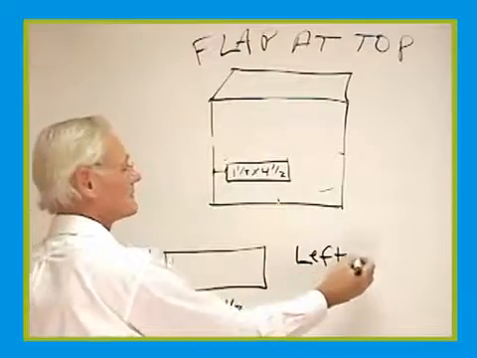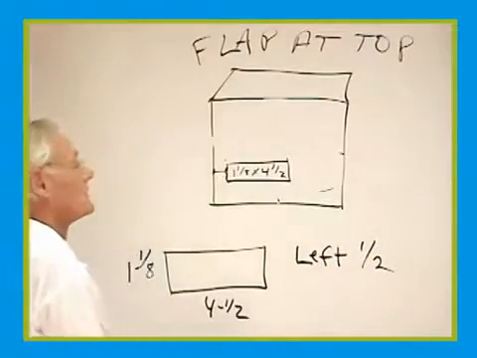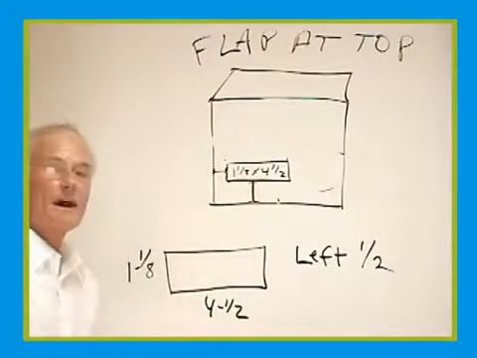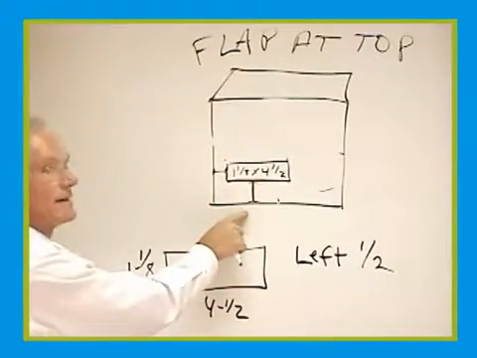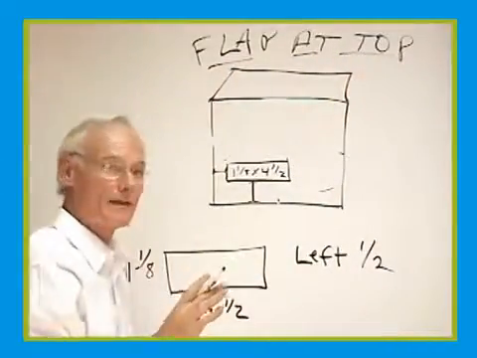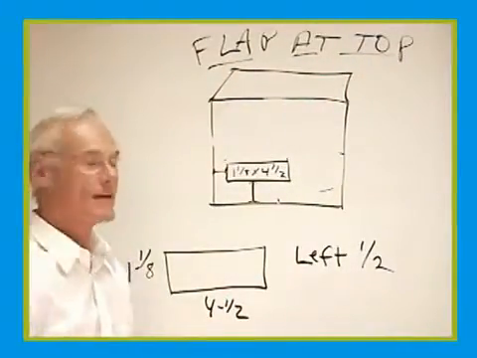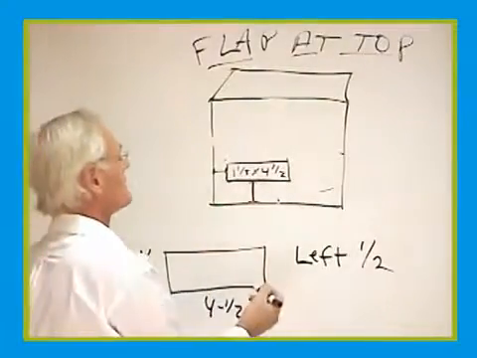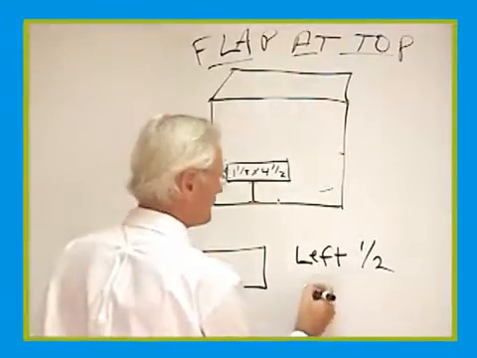In this case, we'll say it's a 1/2 inch. Next, we measure the distance between the bottom of the window and the bottom of the envelope. And once again, flap at top, always, regardless of the style of envelope. Let's say that in this case, it's an inch.